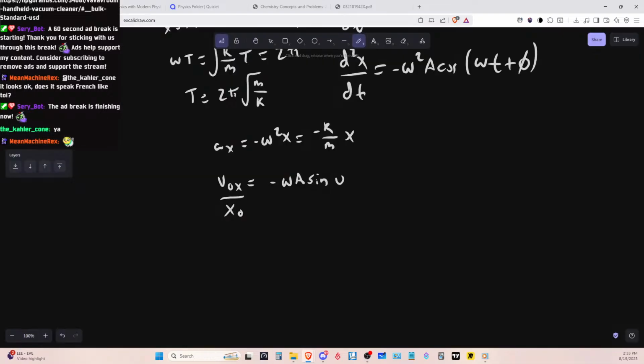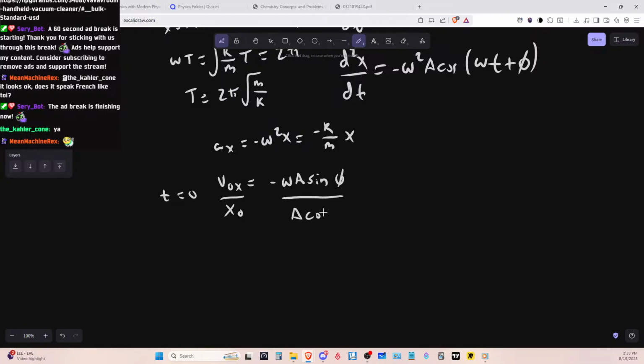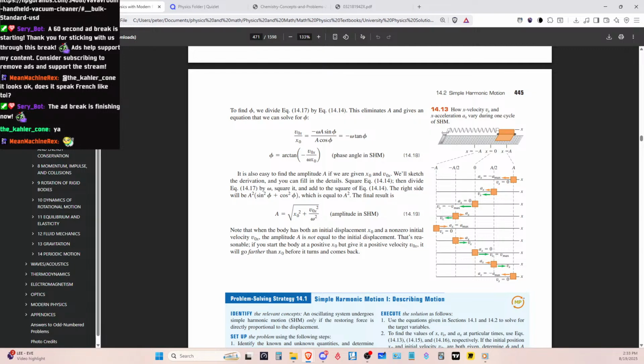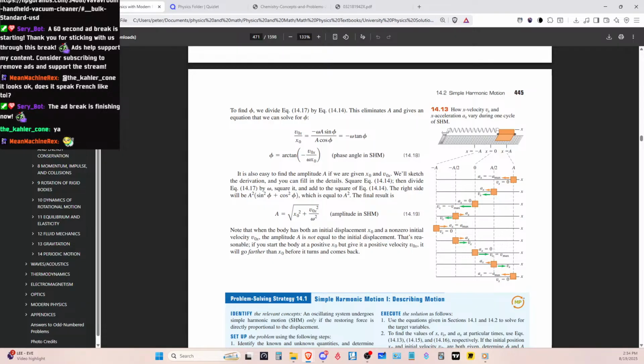Guessing this is at time 0, so I'm just going to write down t is equal to 0, and then we have cosine, oops, not theta, phi, like so. Then that would lead us to omega, tan phi, or phi.